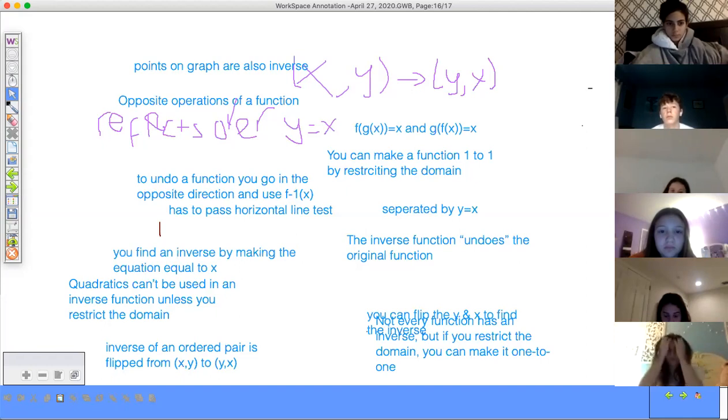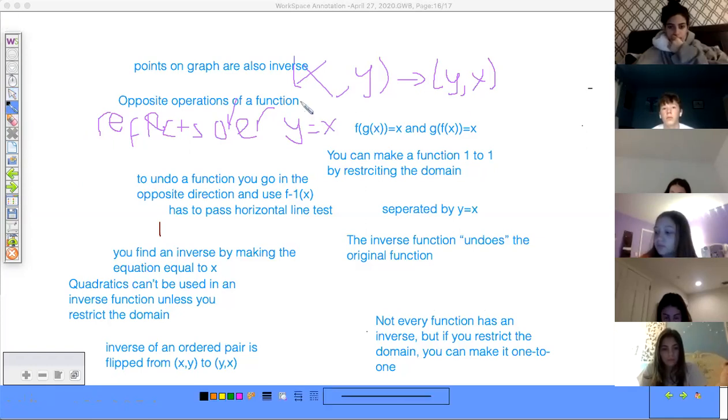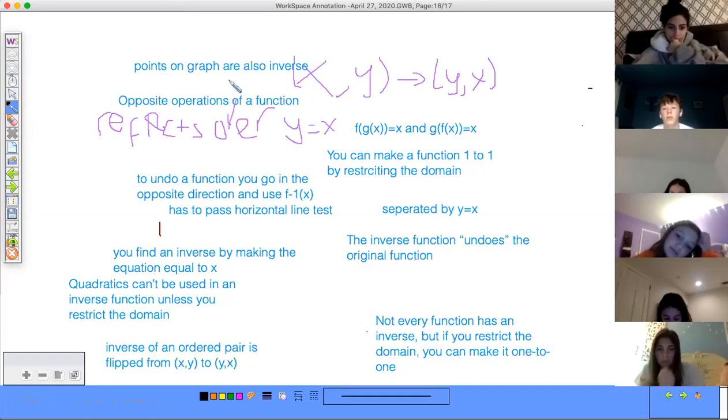It says opposite operations of a function. F of g of x has to, I like that. Whoever said that, that's really good. Okay, so who put points on the graph are also on the inverse? Who said that, and what do you mean by that?